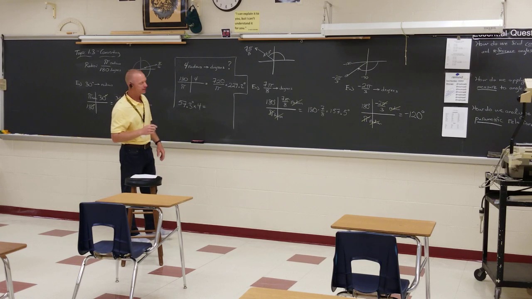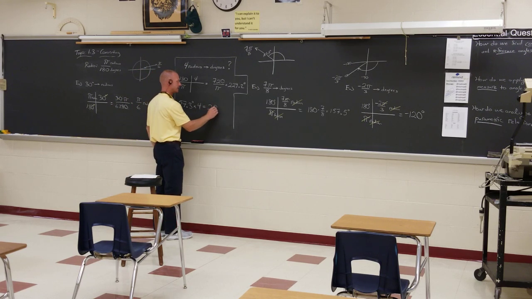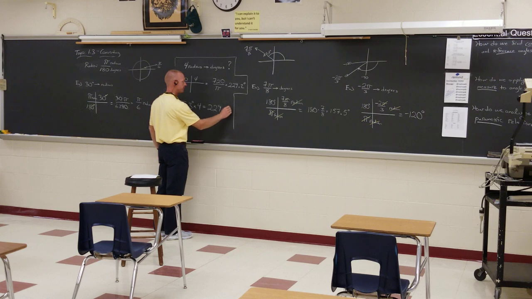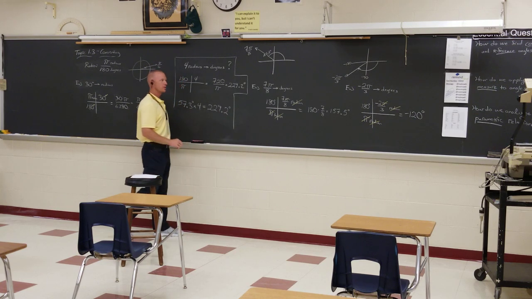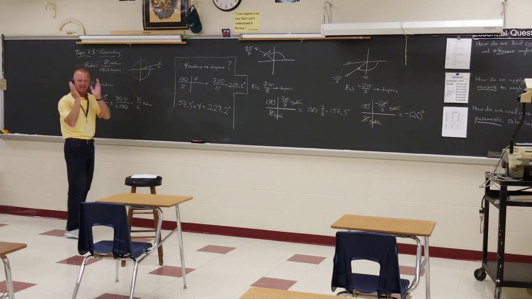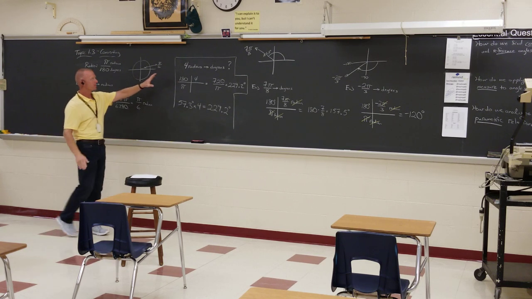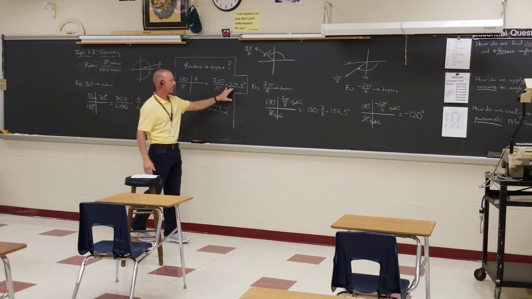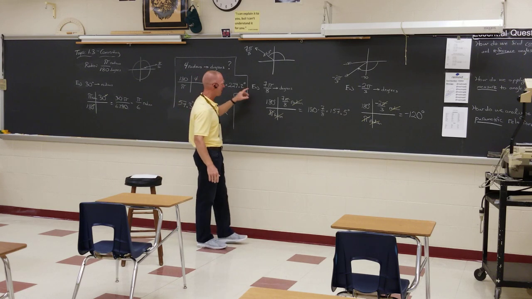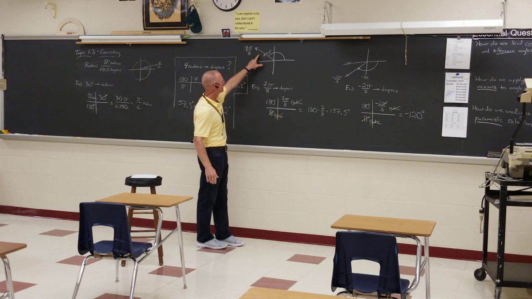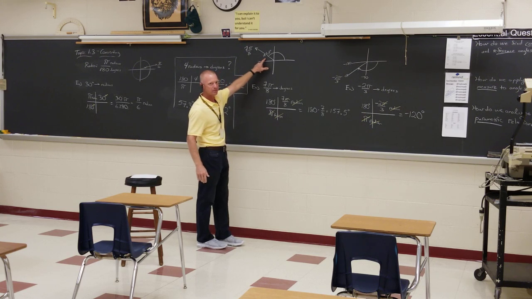That comes out to be 229.2 degrees. So a radian is an angle. It's about this big. If I have 4 of them, I'm going to be at 229 degrees. If I have 7 pi over 8 of them, I'm going to be at 157 degrees.